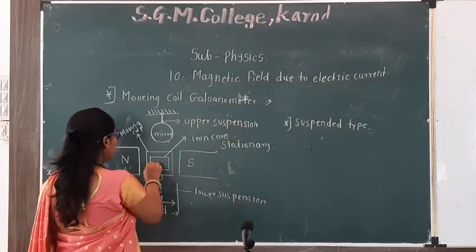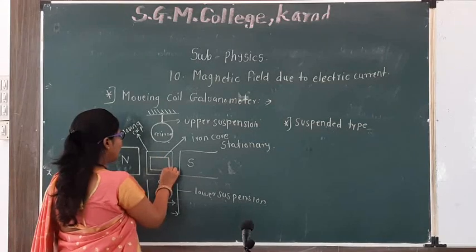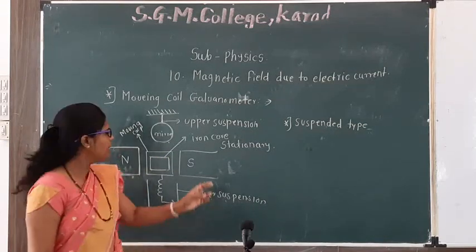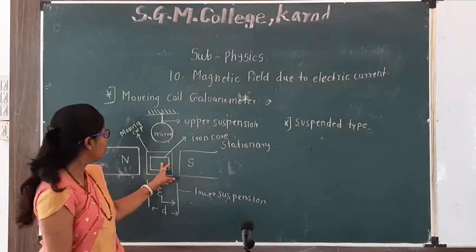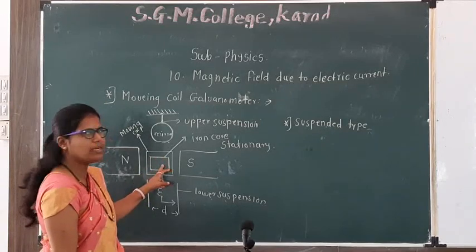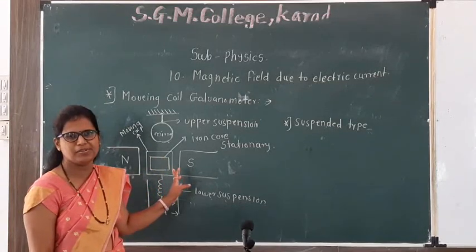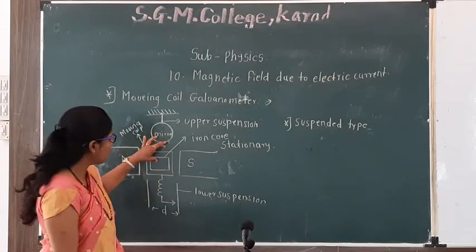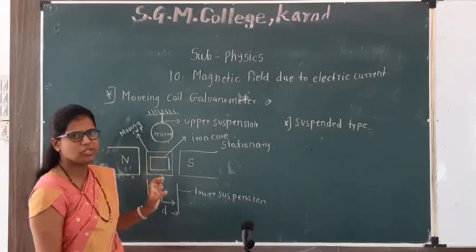Now this moving coil can rotate freely in between the two pole pieces of the magnet.